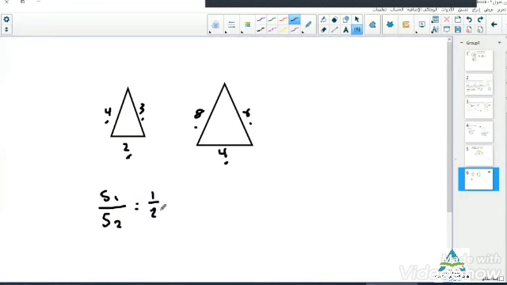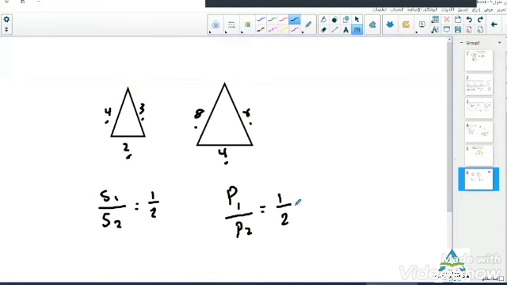What about the ratio between perimeters, perimeter 1 and perimeter 2? It will be the same ratio, 1/2. So the ratio between perimeters is exactly the same as the ratio between sides. You get the idea?